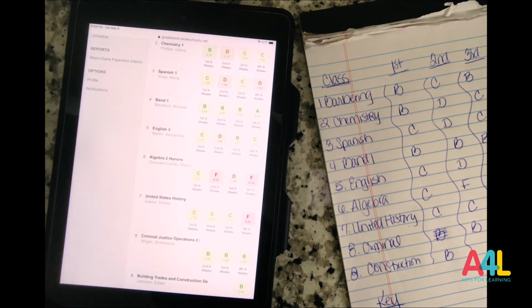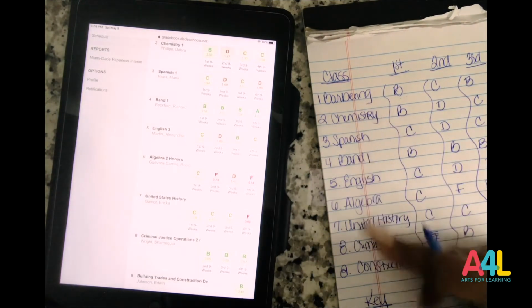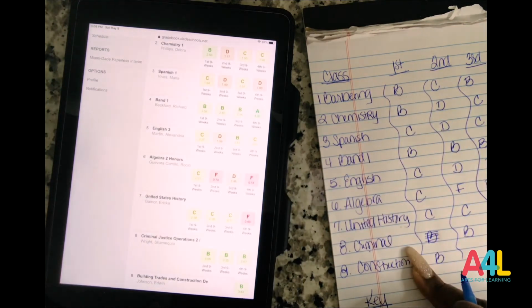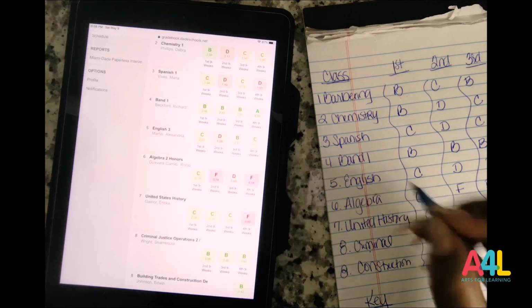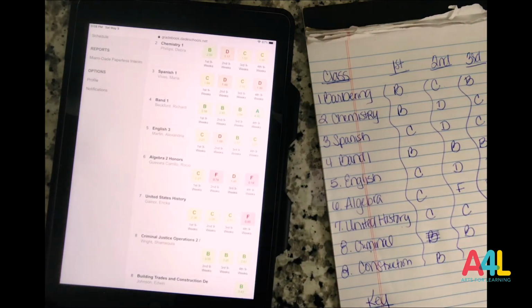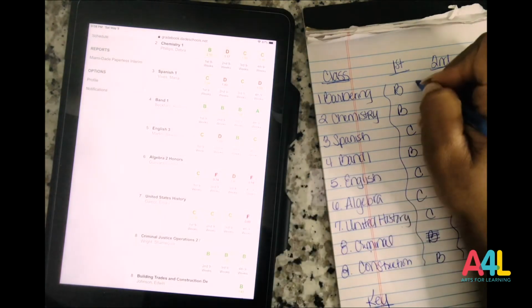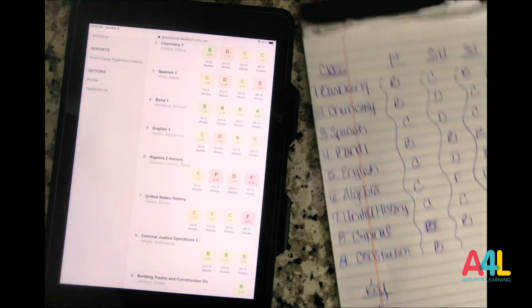So now this is how your paper should look. If you notice, I have all of my classes. I have my grades for the first 9 weeks, my grades for the second 9 weeks, my grades for the third 9 weeks. Now it's time for us to go ahead and put the points associated with each grade. So a B, as we already identified, is what? 3 points, right?